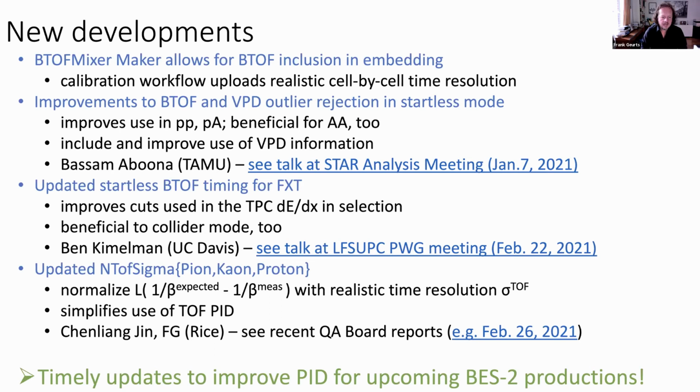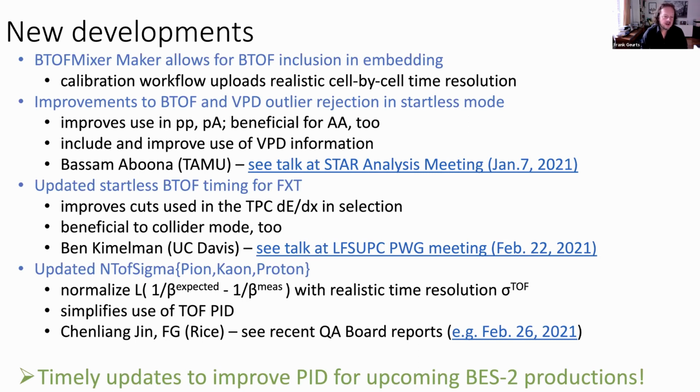And that means that you can now use this NTOF sigma and greatly simplify the use of TOF PID by requiring NTOF sigma to be less than 1 in a similar fashion as you do for the dE/dx.